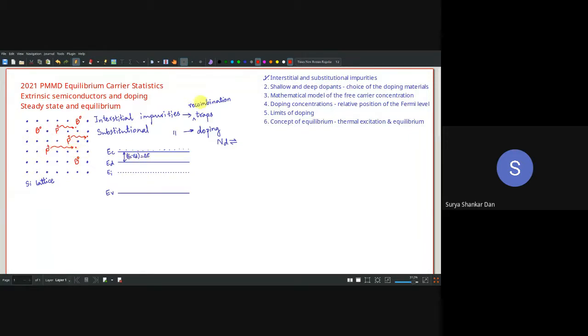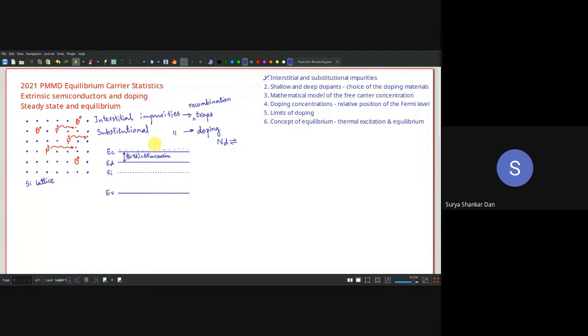Only when you are able to provide sufficient ionization energy. Ionization energy of what? Not the silicon, but the impurity which we have provided.